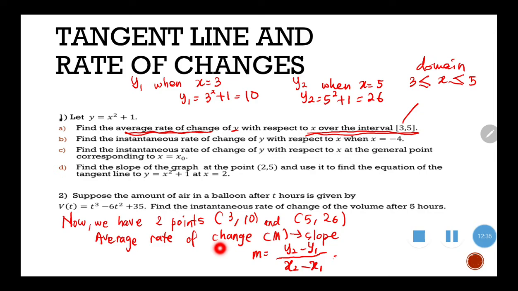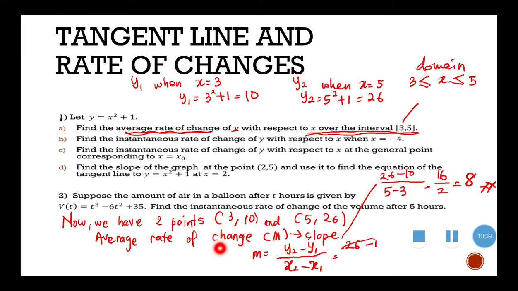So it should be 26 minus 10 over 5 minus 3. You get 16 over 2, and then the final answer should be 8.